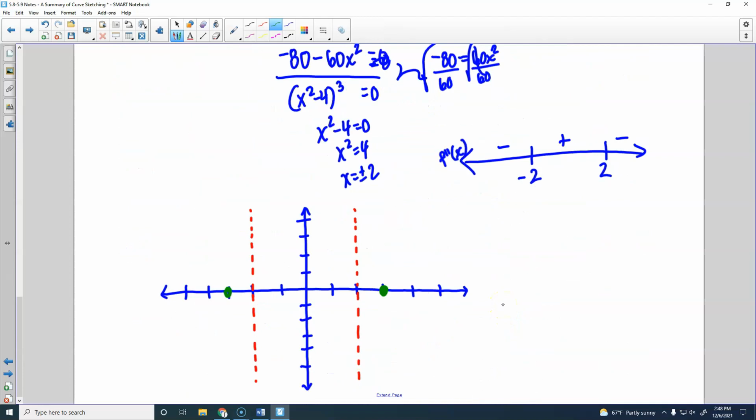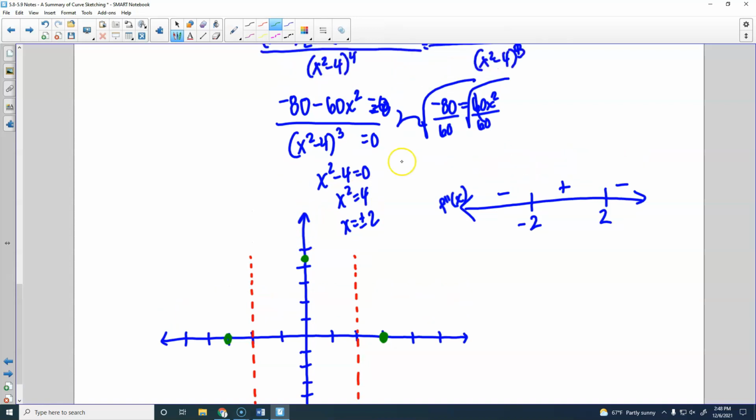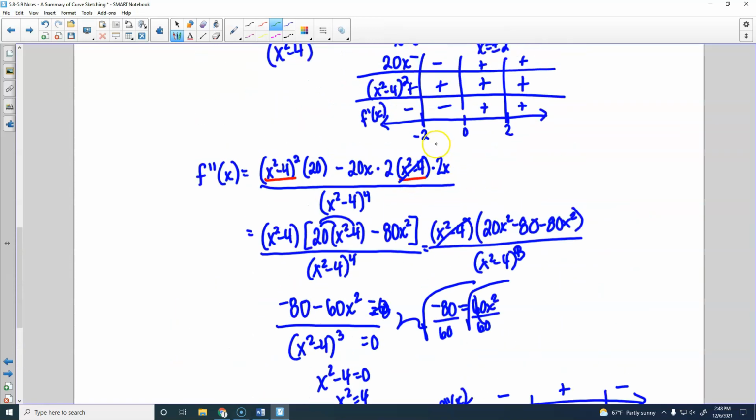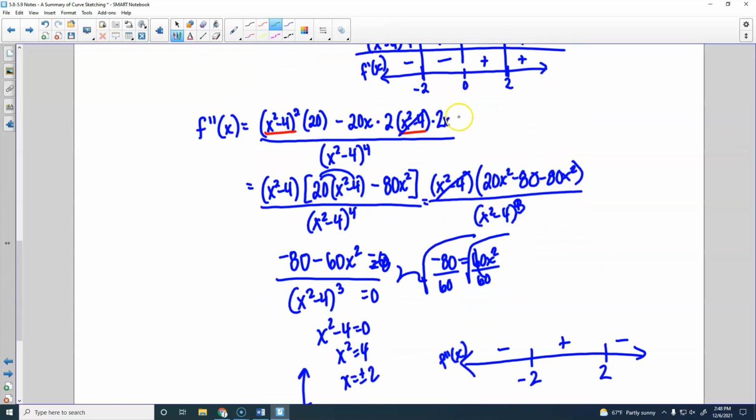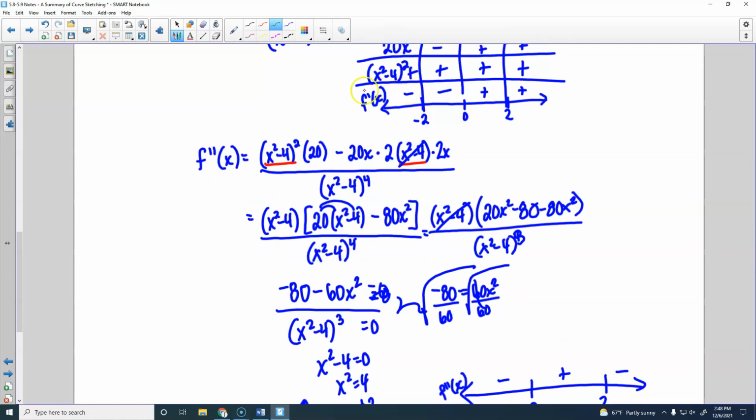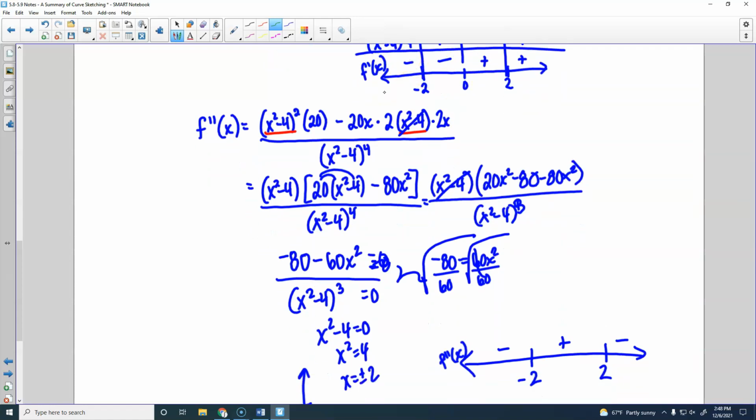So 4.5. Let me make my graph just a little bit taller here because I did not go up quite high enough. Okay, so from negative infinity to 0, my graph should be decreasing because my first derivative is positive.